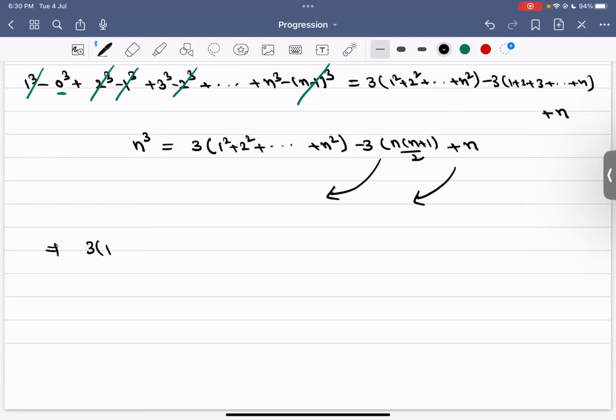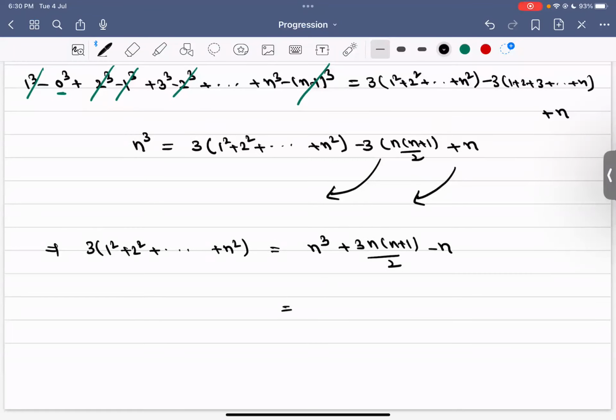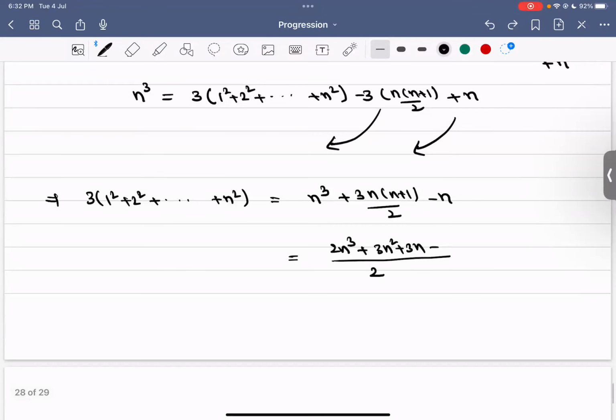This 3 into 1 square plus 2 square plus etc. up to n square is equal to n cube plus 3 into n plus 1 by 2 minus n. So this is equal to, here 2 is the LCM. This is 2n cube plus 3n square plus 3n minus 2n. Sorry, minus 2n.